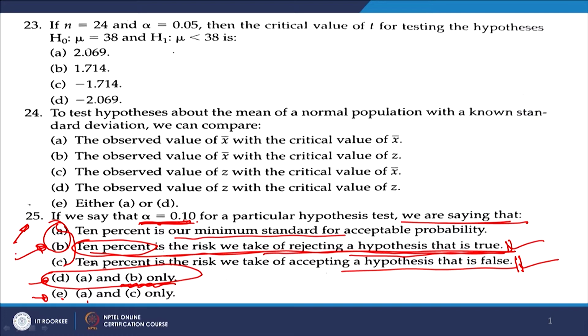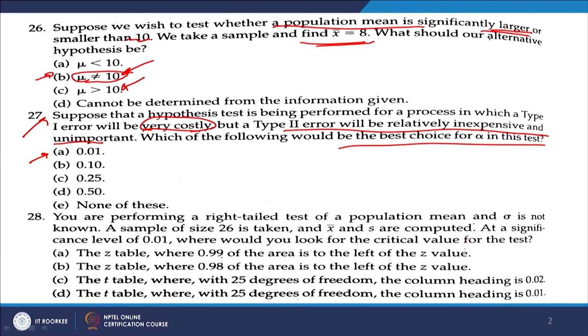You want this percent to be less and less, because you should not reject a null hypothesis when it is true. So, alpha has to be as low as possible out of these 4. So, the answer would be 0.01. The probability of rejecting the null hypothesis when it is true is just 1% in this case, is it not? Let us look at the next question.